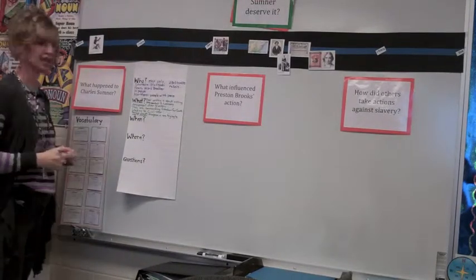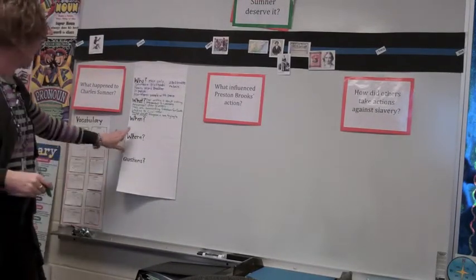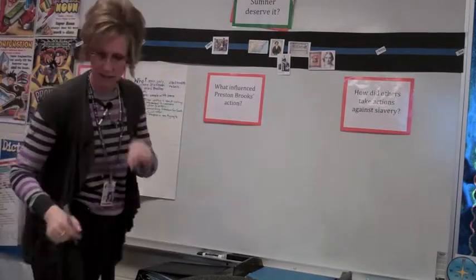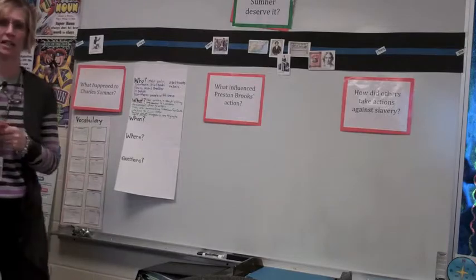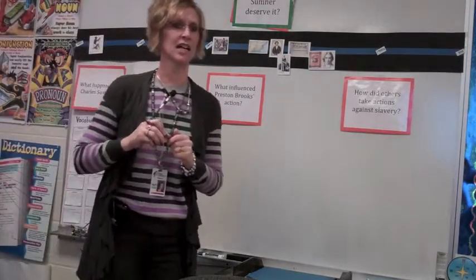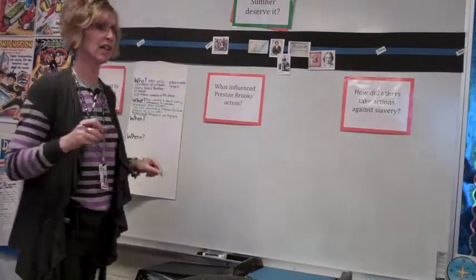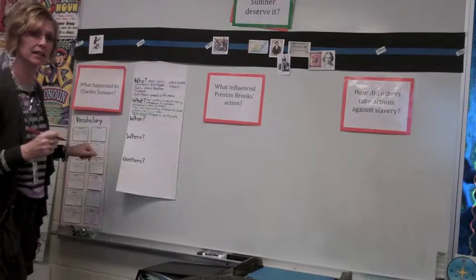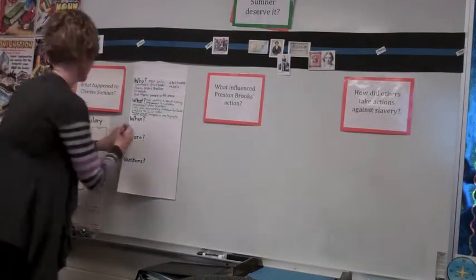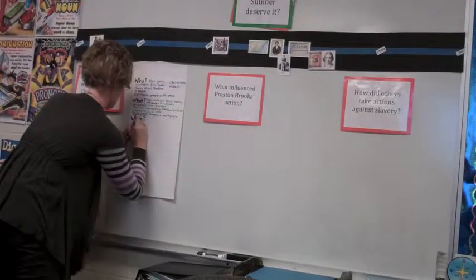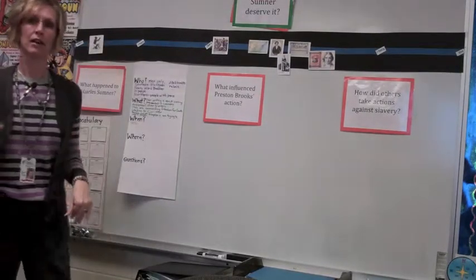All right. That means the paper goes to the number 3, and you're going to tell me when this was happening. When is this happening? I'm going to start in the middle this time. Trent, can you tell me when this is happening? 1856. Right.